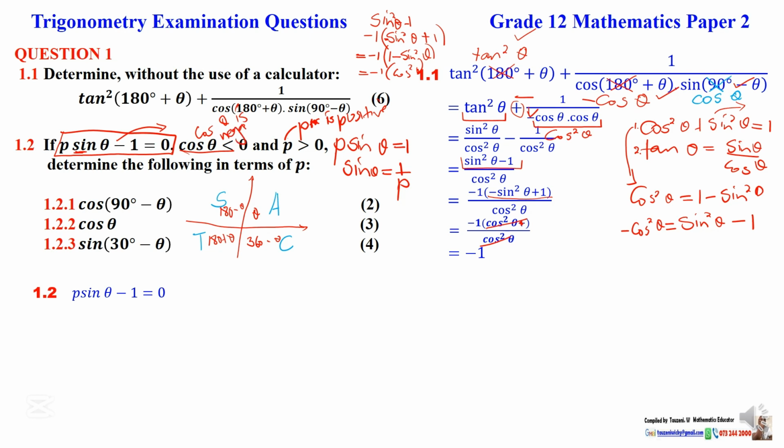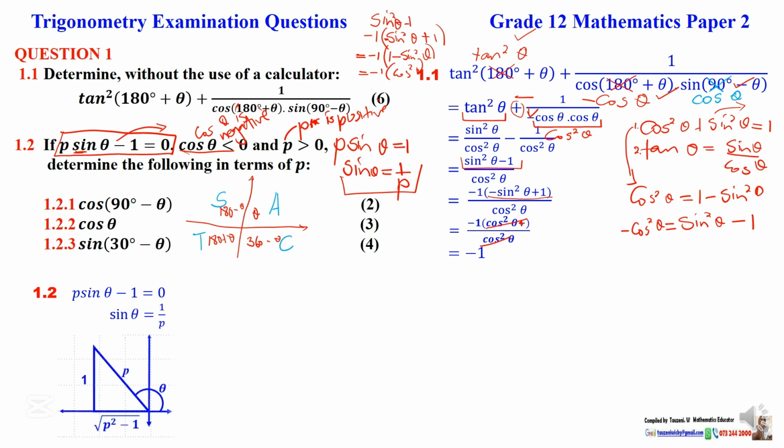Now, you take those two statements. We need somewhere on the grid where sine theta is positive but cos theta is negative. Which quadrant do we have where sine theta is positive but cos theta is negative?